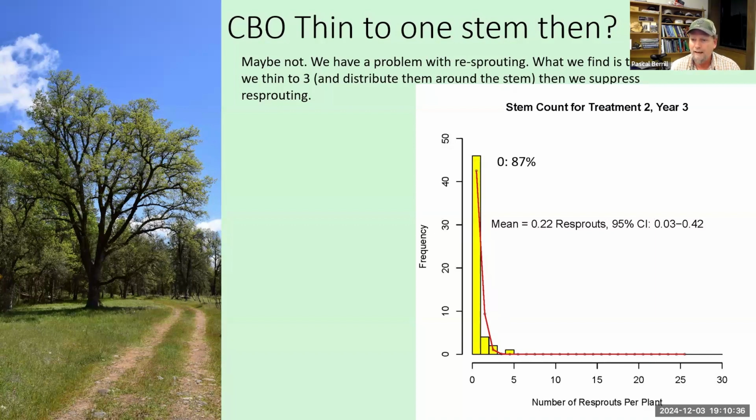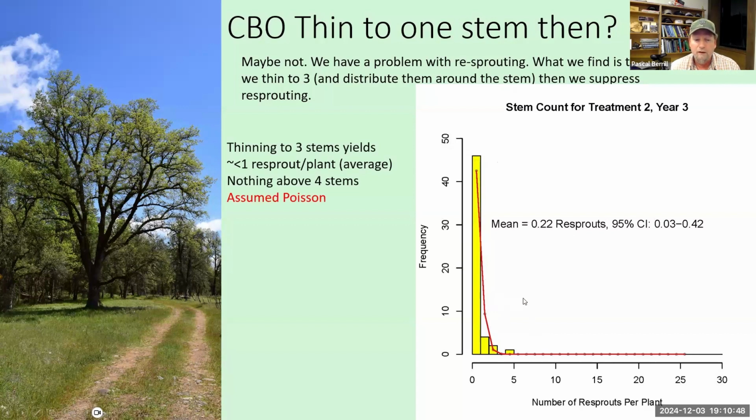That's wonderful. 87% after the thinning did not resprout when we left 3 on the clump. Some of them did, of course, resprout a little bit, but we didn't see too many sprouts on the ones that did resprout.